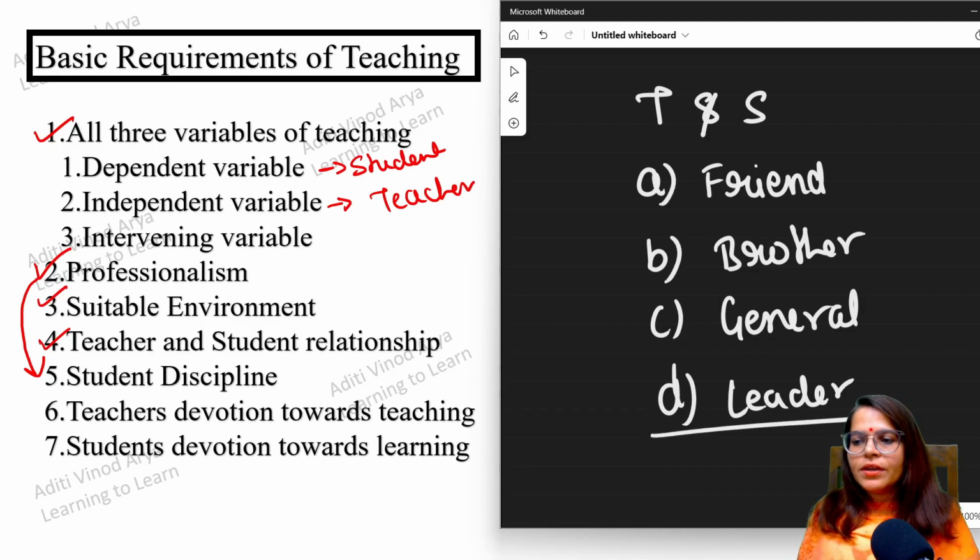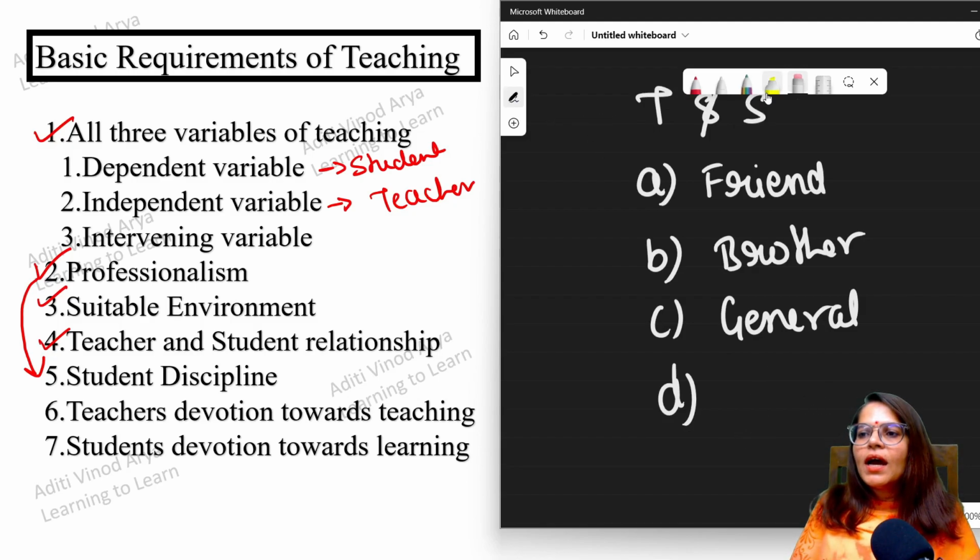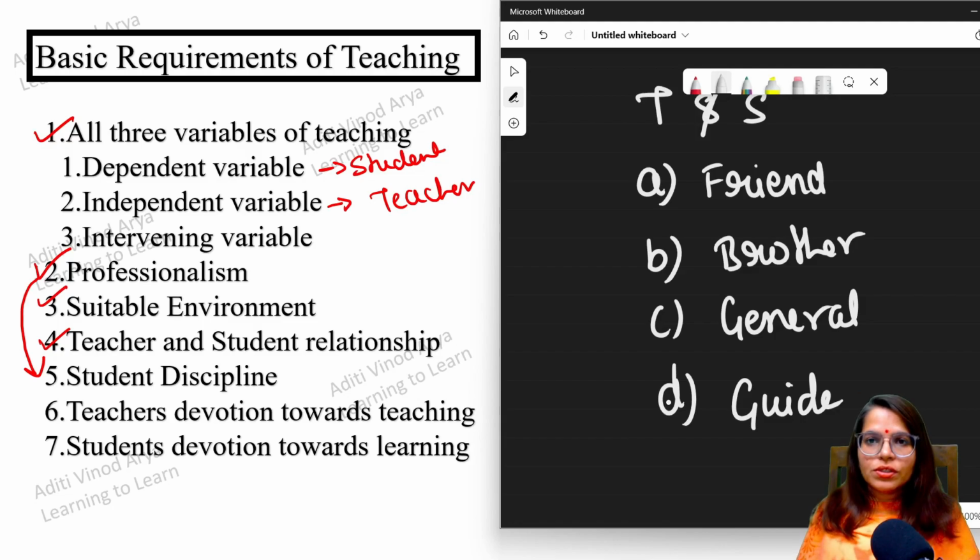You will definitely choose leader. But what if option D is not there, and instead of leader, they give you an option like a guide? Now what will you do? You will go for guide, because then the most appropriate is guide.